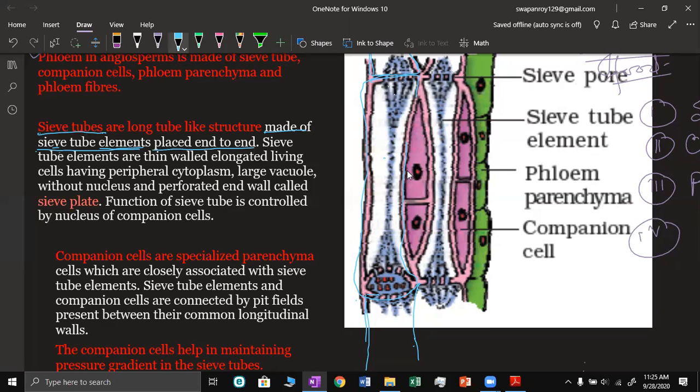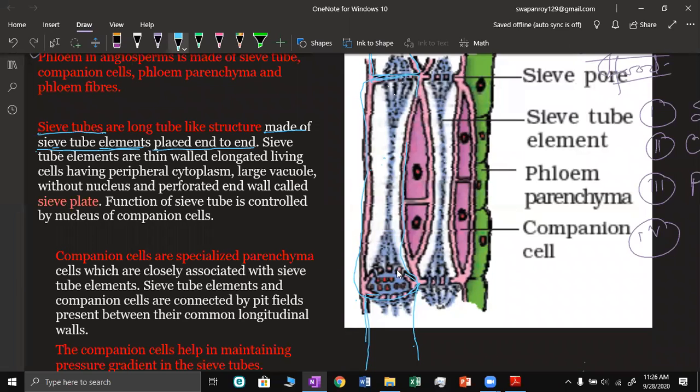They are thin walled, living, and contain cytoplasm also. The special thing in the sieve tube element is this end plate. Here you can see this plate, that is the end wall. The end wall is porous.